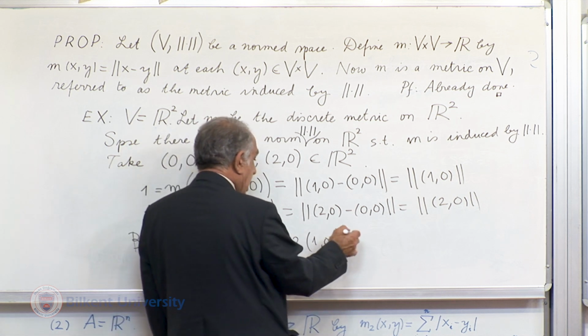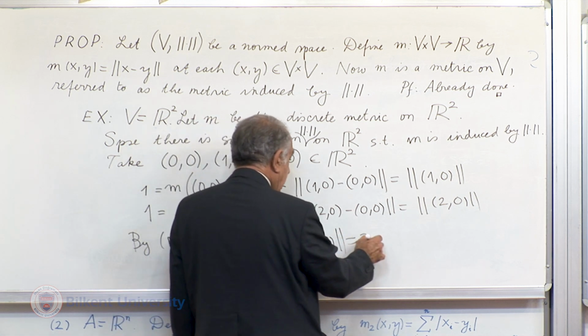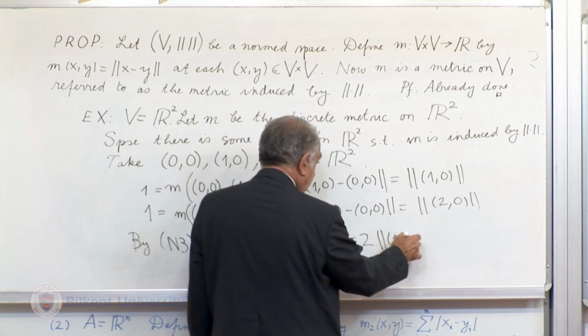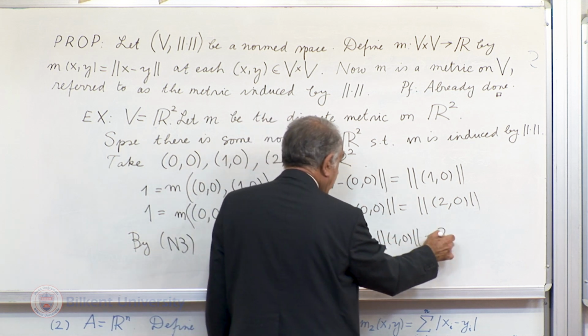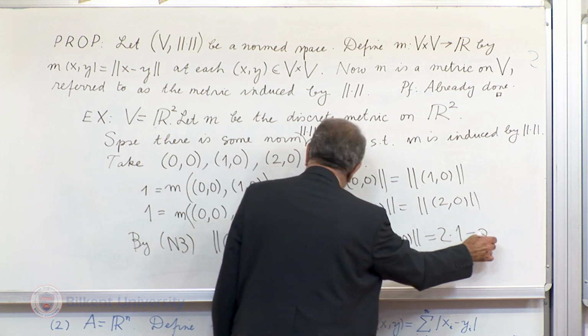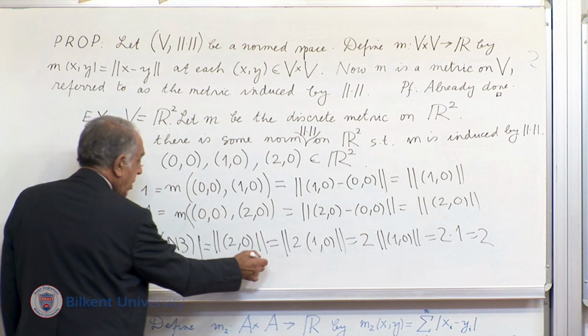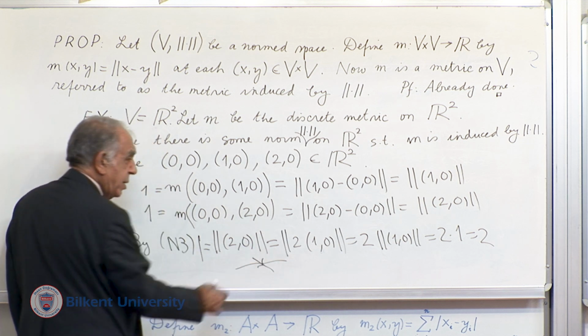But by norm property 3, this is the absolute value of 2, that's 2, times the norm of (1, 0). But this is not 2 times 1, that's 2, while this is 1, so a contradiction.